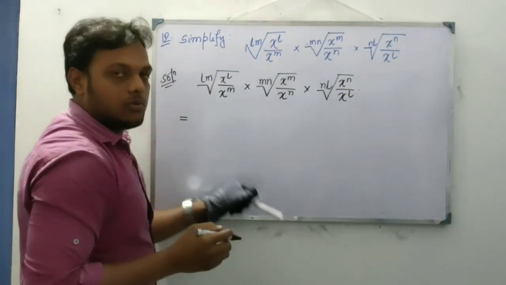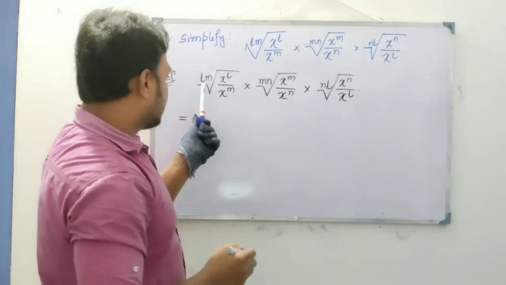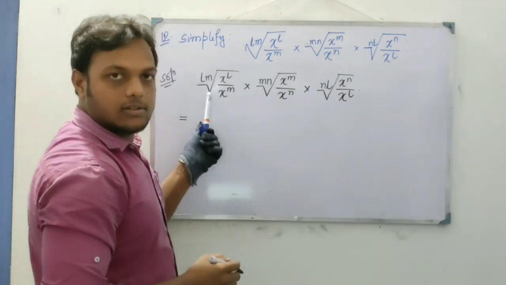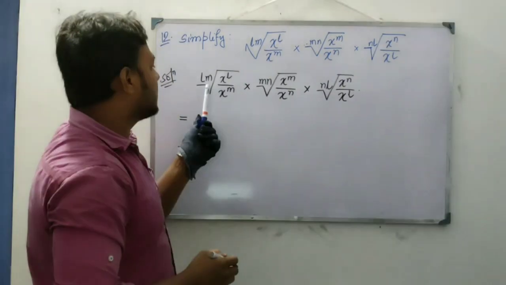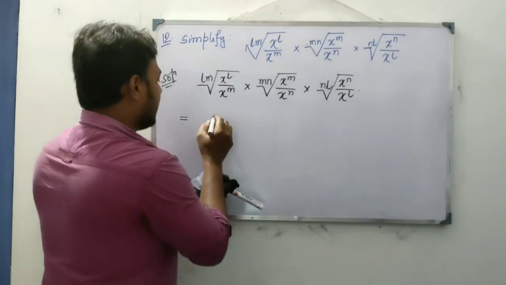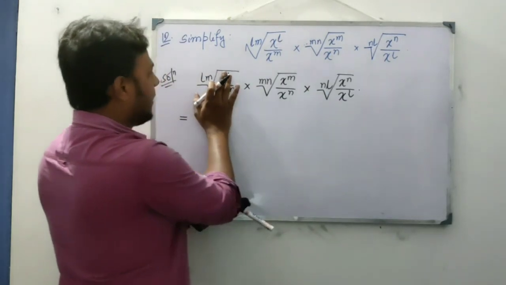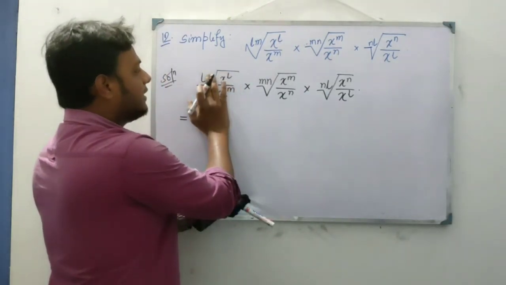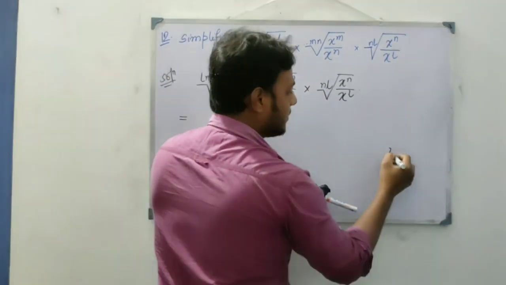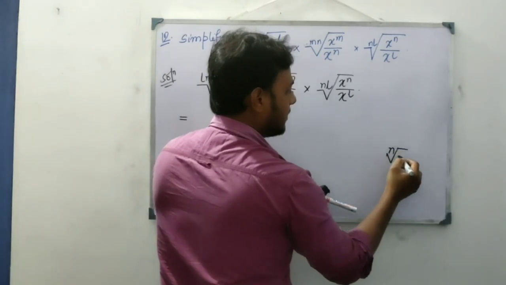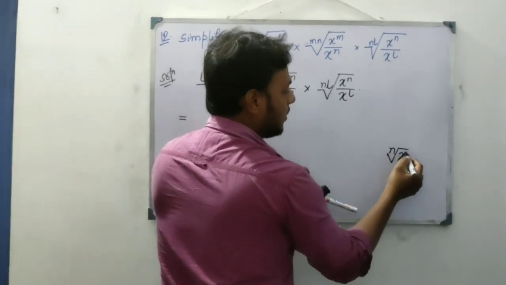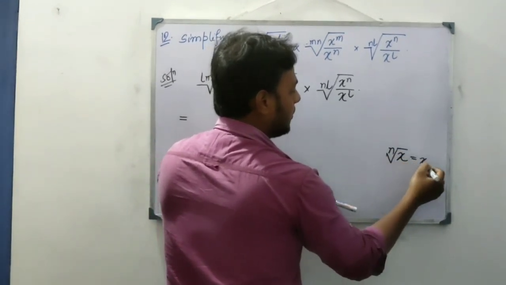Which rule of exponents do we have to use here? Actually, we have to remove the root first. Here the lm-th root is given, so if we take this part as x, then this is the root of x. Try to recall this identity: the nth root of x equals what? x to the power 1/n.